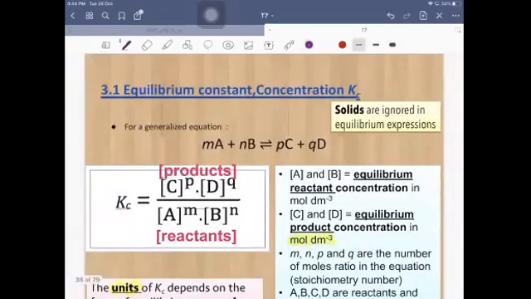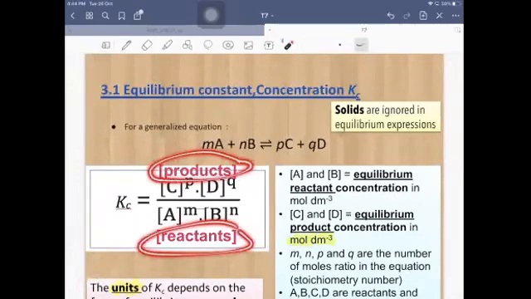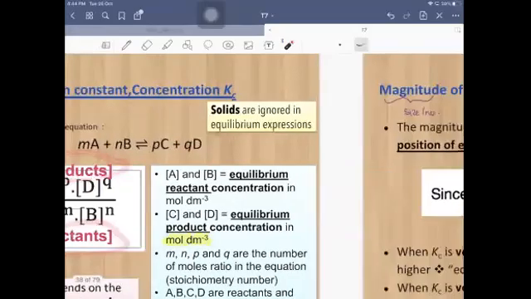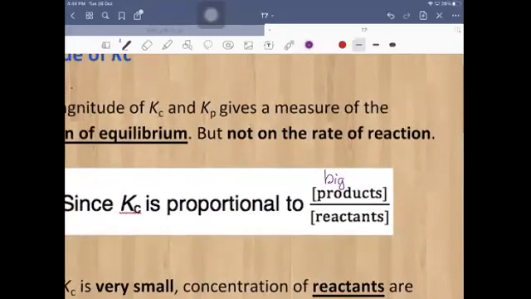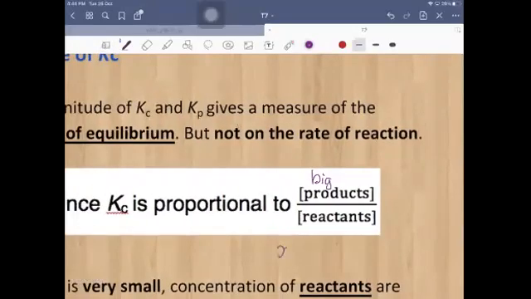Why? If you look at my Kc, I have written it as concentration of products over the concentration of reactants. Strictly speaking, I should be raising them to the power of their stoichiometric numbers. But generally, Kc is proportional to concentration of products over concentration of reactants. So if my products are bigger than my reactants, my Kc would be a big number.